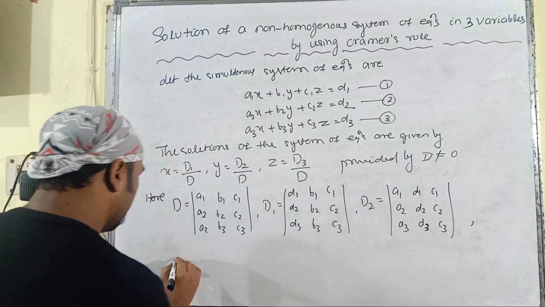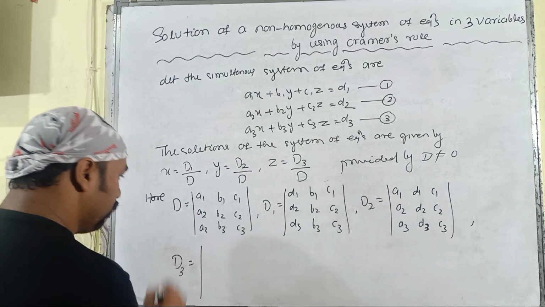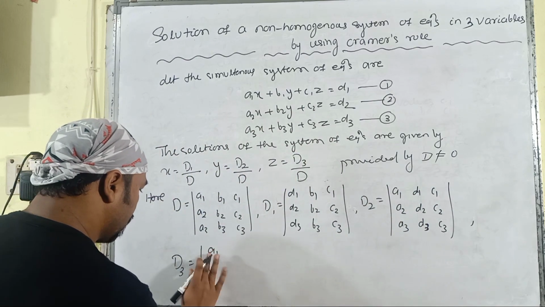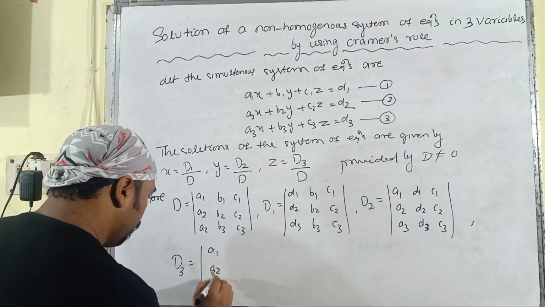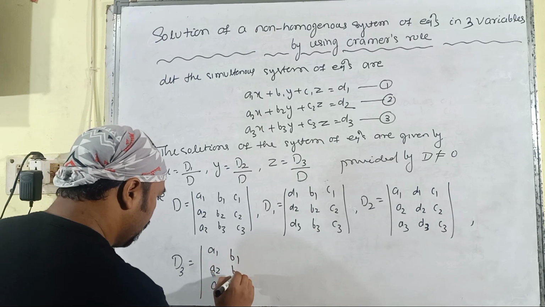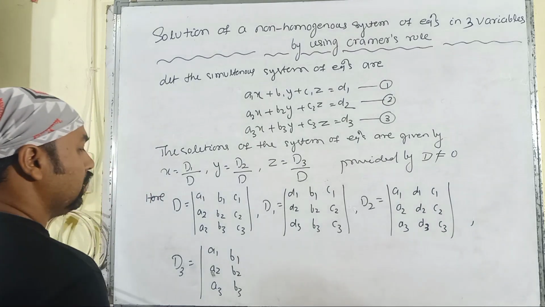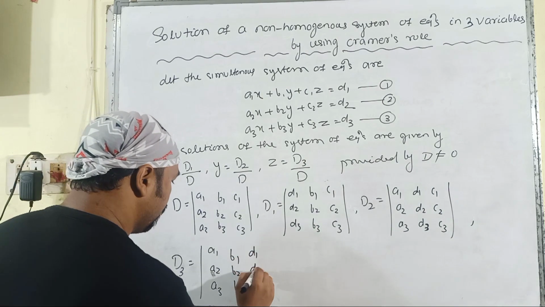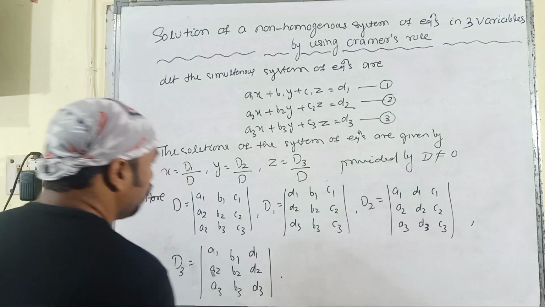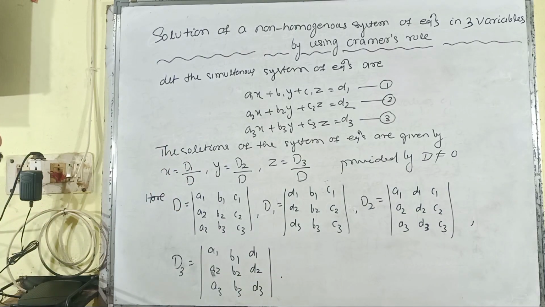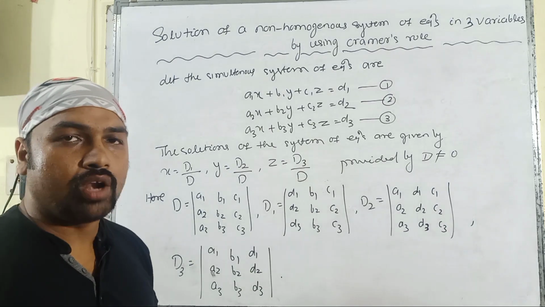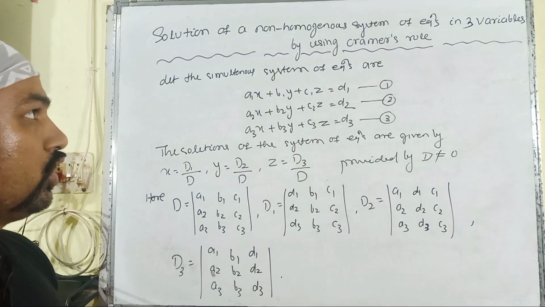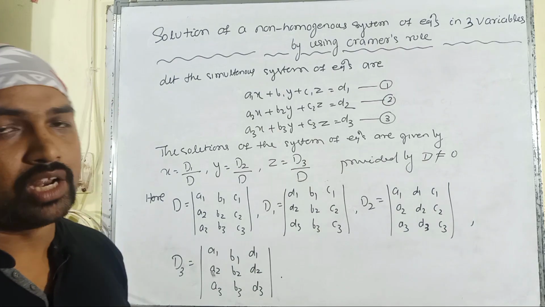The last one, D3, will have the unchanged columns a1, a2, a3, b1, b2, b3, and in the third column we replace the terms with the constants, d1, d2, d3. So it is all about the procedure to solve the system of simultaneous linear equations in three variables by using Cramer's rule.